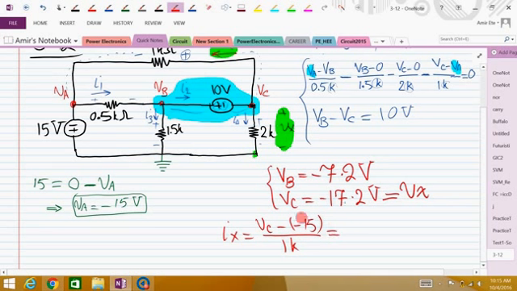VC itself is minus 17.2 volts. So minus 17.2 plus 15 is minus 2.2 milliamp.